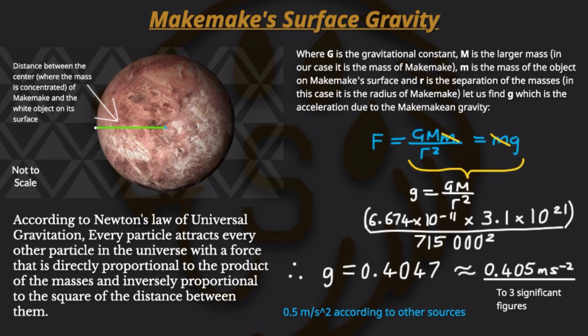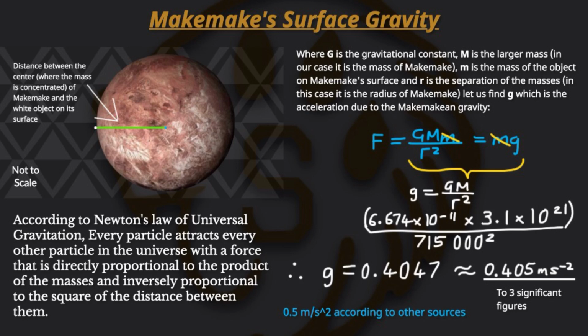The small letter g is for acceleration due to gravity, and the capital letter G is for the gravitational constant. Let's not confuse the two. We replace F with small m and small g, where small m is the mass of the object. Then we cancel like terms, which is why you see m and m being cancelled there. We're now left with g equal to capital G multiplied by the mass of Makemake over the radius of Makemake squared.